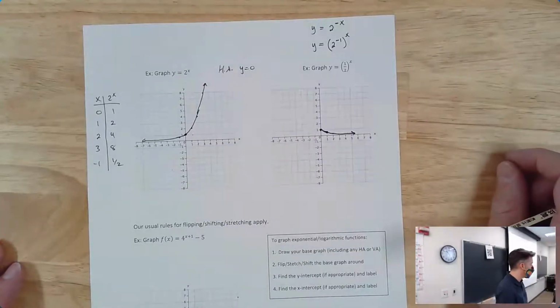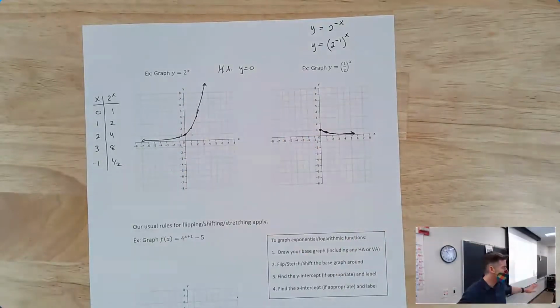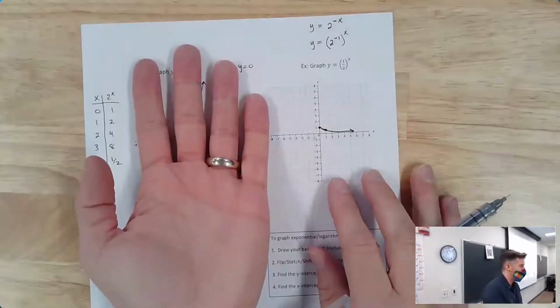That's 2 to the -x, which is just like 2 to the x, except it has what kind of reflection? Across the x-axis or across the y-axis? It's across the y-axis. So we're taking this graph here and literally flipping it over like that.